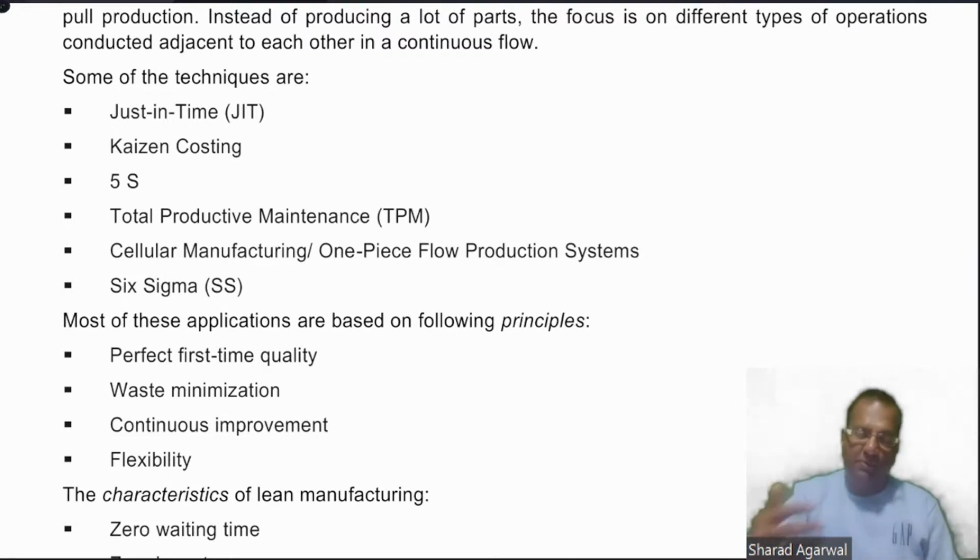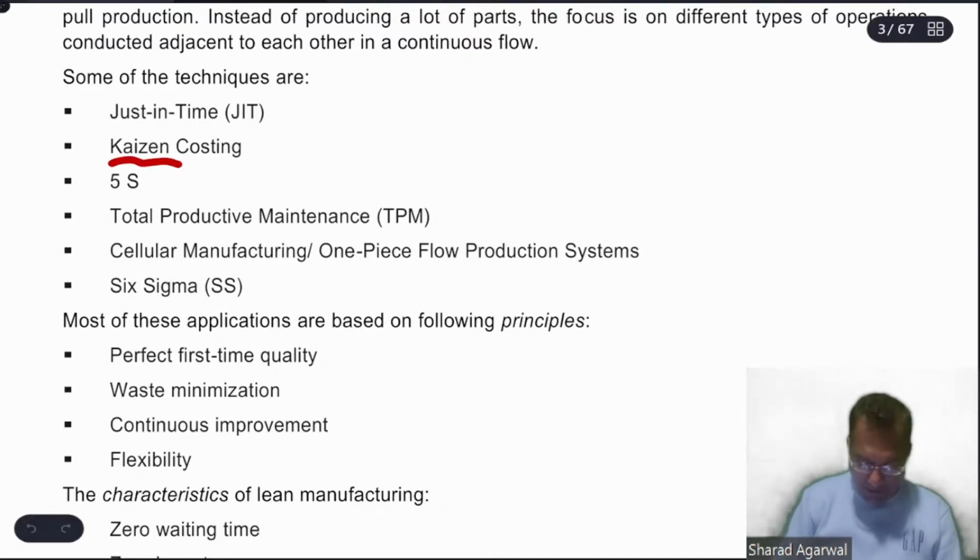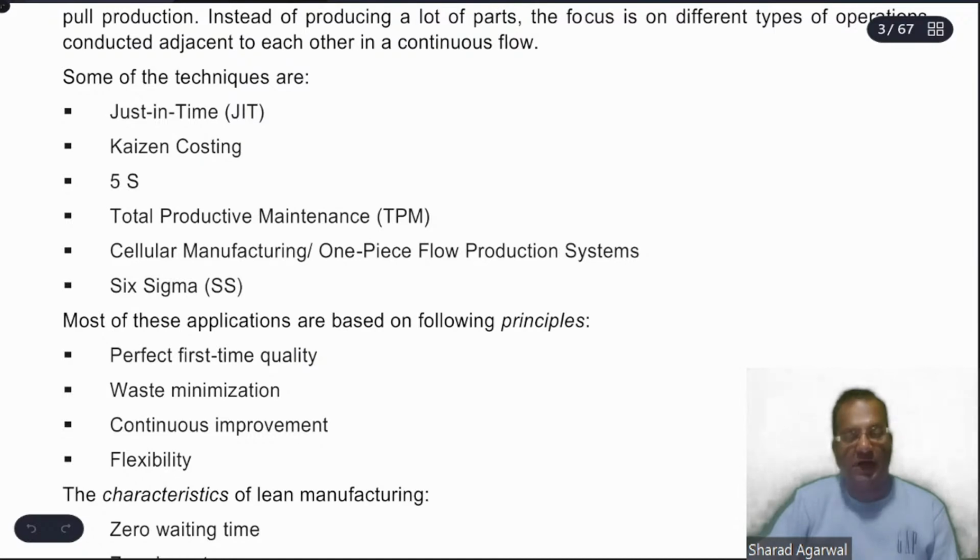Write down one by one, beta. The first technique, just-in-time system. The second technique, Kaizen costing. The third technique, 5S.